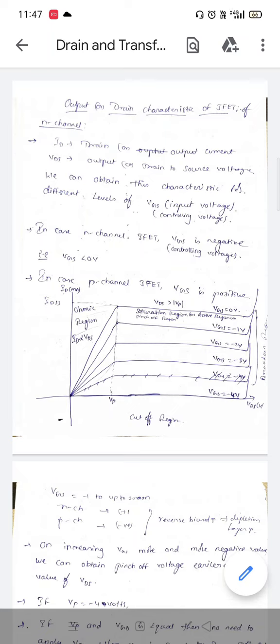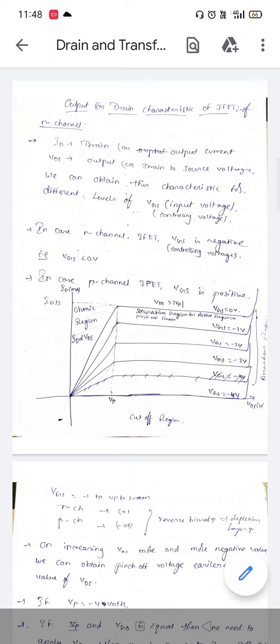In case 1 we have 0 volts, and in case 2 we apply negative potentials to the p-type material. The drain characteristics is a plot between ID versus VDS. We are increasing the voltage between the drain and source, so what will be the output current? The output current is ID here.